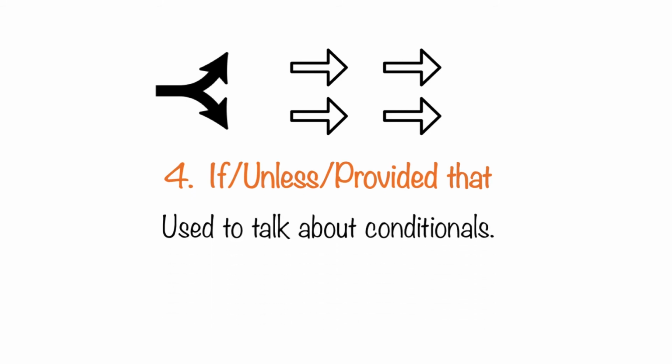These words are used to talk about conditionals. If you are not sure what conditionals are, please review our lesson on tenses because that will give you more information. Okay, let's begin with an example here.